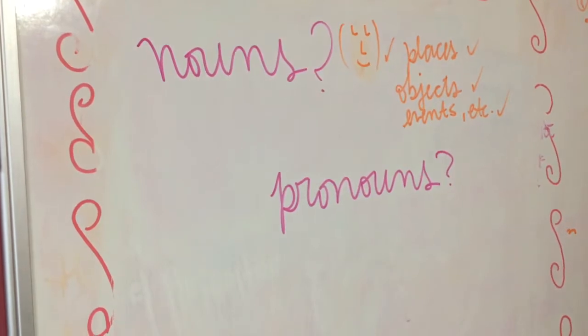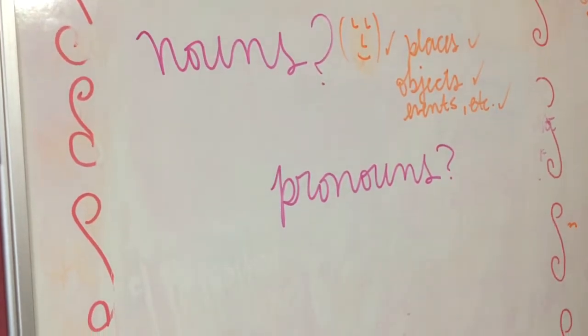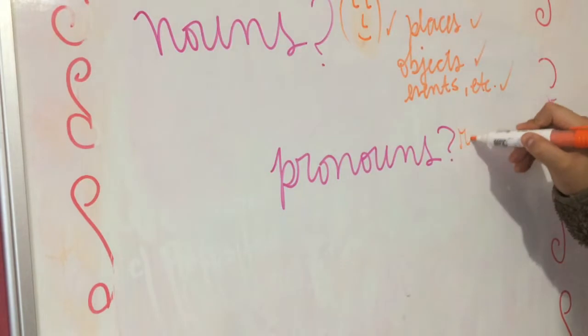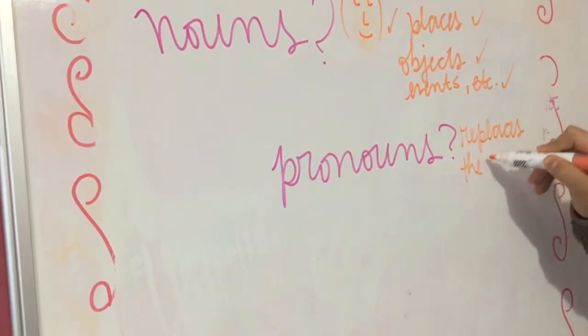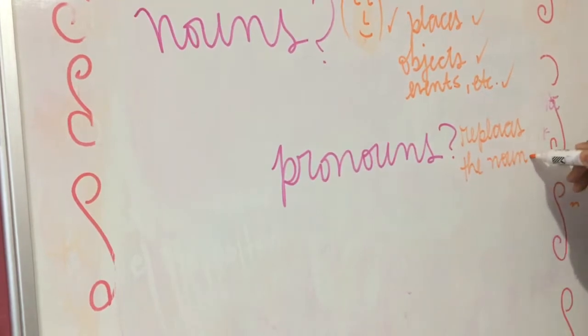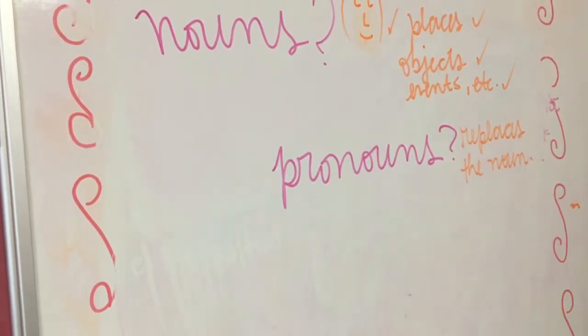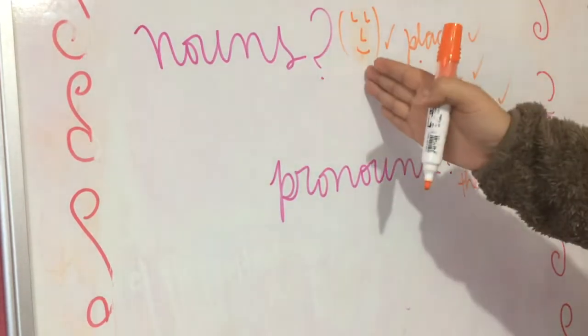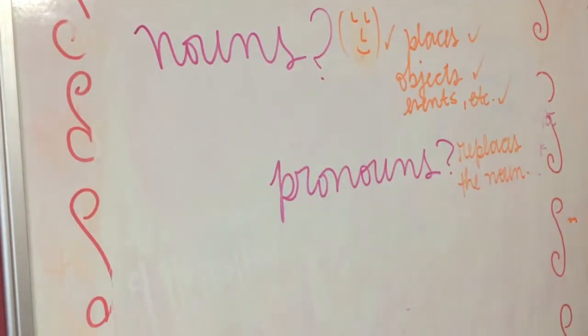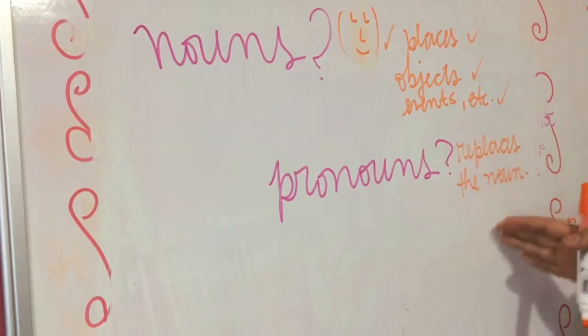And the pronouns are words that suitably replace the noun. So what's the difference here? The nouns are the name of places, objects, events, persons, etc. And the pronouns replace the noun.